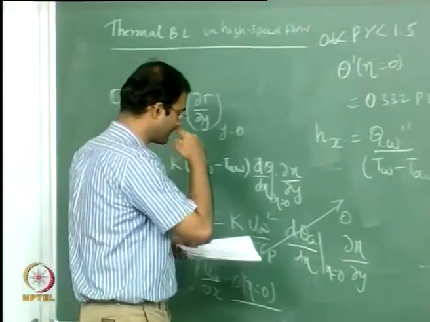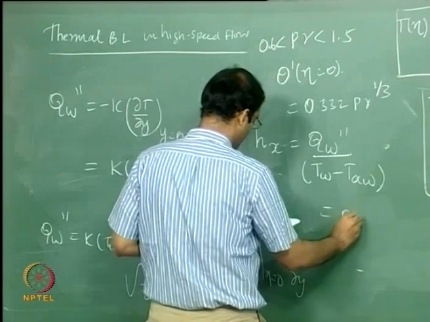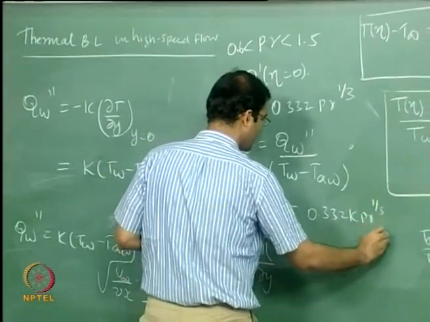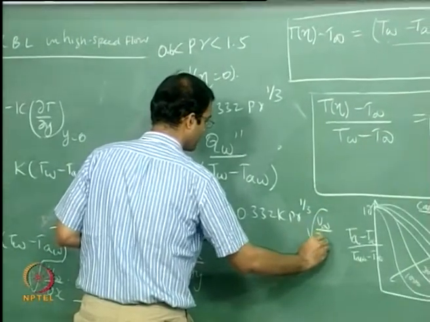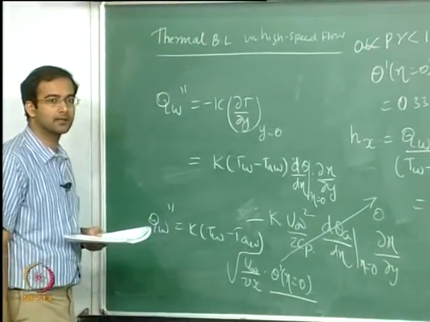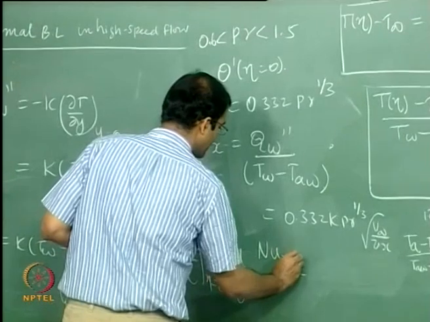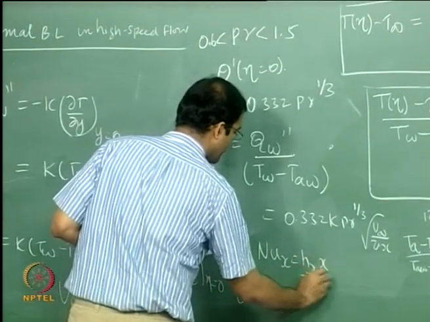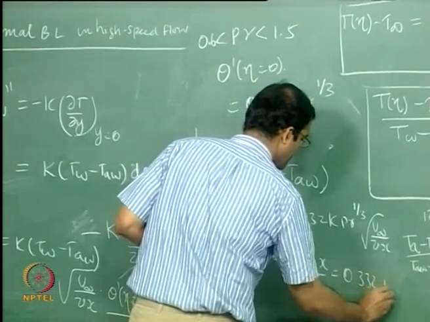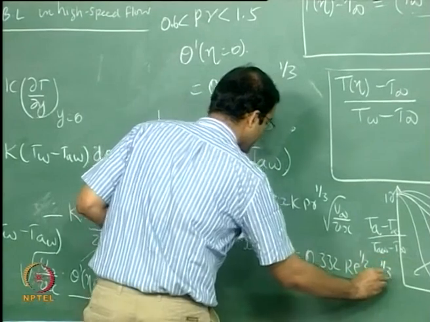So in that case, this will come out to be 0.332 k Prandtl number 1 by 3 square root of u infinity by nu x. This will exactly cancel the temperature differences, and therefore my local Nusselt number I can define as h x by k, which will be 0.332 into Reynolds number power half Prandtl number 1 by 3.